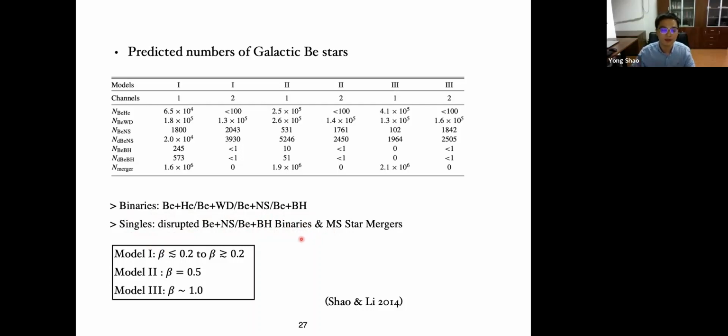And we also include the single Be stars from the merger of two main sequence stars. So we find that if two main sequence stars merge can produce Be stars, they will dominate the whole Galactic Be star population. And their number is of the order of about 10^6.